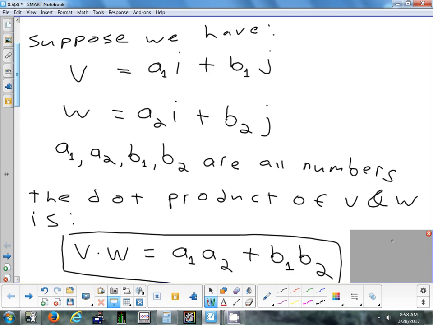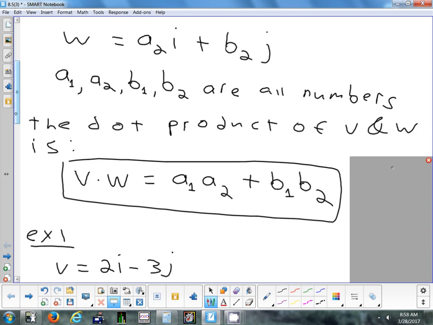It's just a number. And the reason I said you can't say times is because one way to multiply vectors is with a dot product. Another way to multiply vectors is with a cross product. These 2 symbols mean totally different things with vectors.